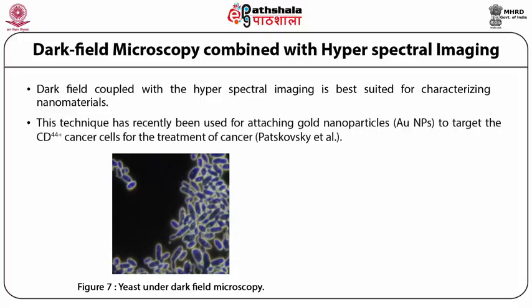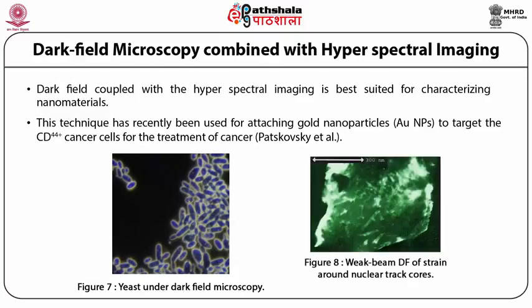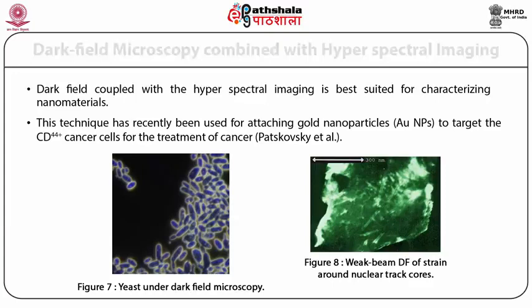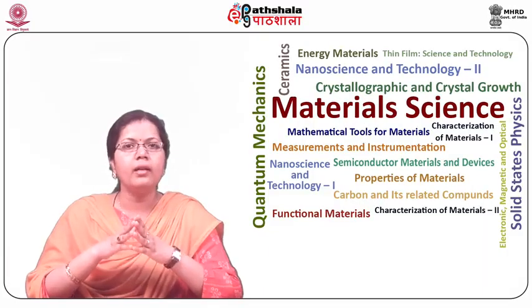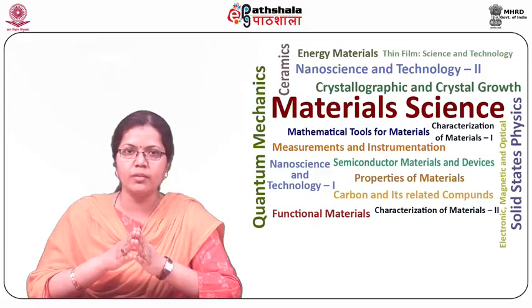This technique has recently been used for attaching gold nanoparticles to target the CD44 plus cancer cells for the treatment of cancer. Figure 8 shows the weak beam dark field of strain around nuclear track cores. The low and high angle annular dark field imaging.